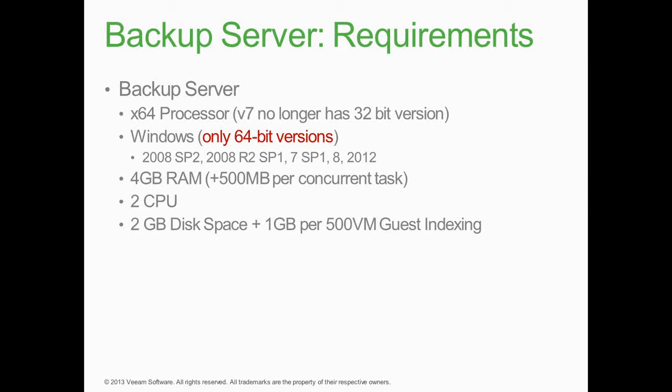In terms of memory, you need 4 gigs of RAM plus 500 MB per concurrent task that is running. You need 2 CPUs and 2 GB of disk space plus 1 GB per 500 virtual machines for your guest indexing. So this is the requirement for installing Veeam and making it a backup server.